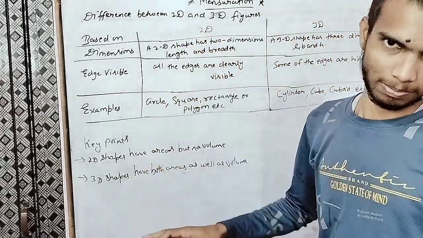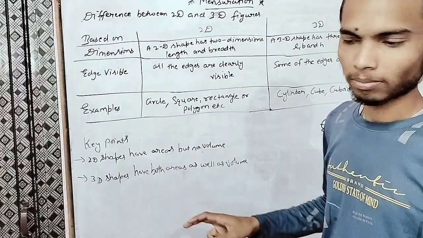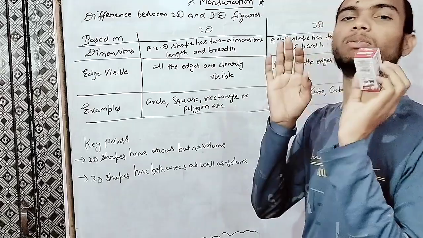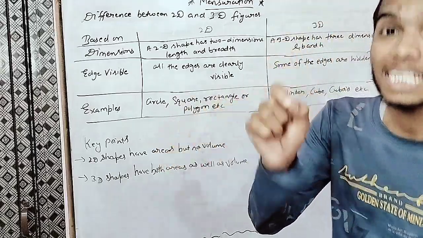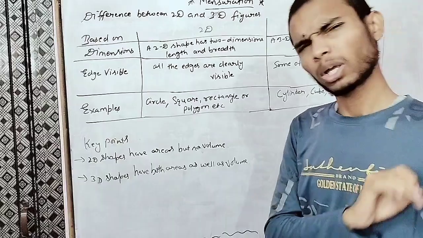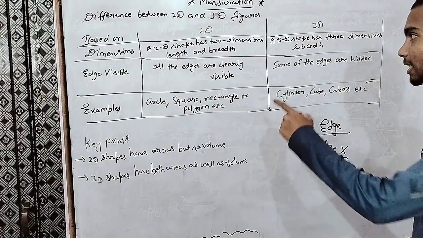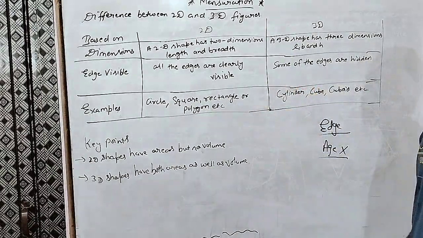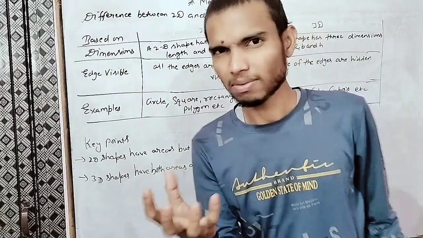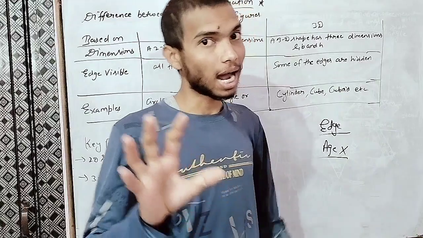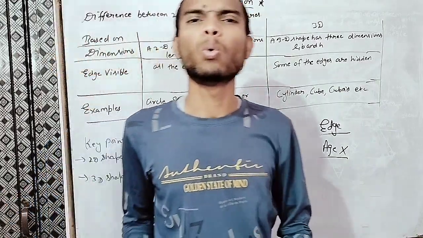in a 2D shape. So we will be able to see edges of a 2D shape clearly. But in the case of a 3D shape, we will notice some edges, and some edges will be hidden.